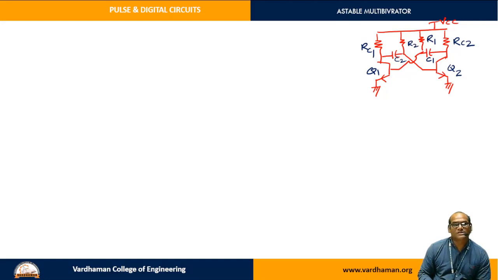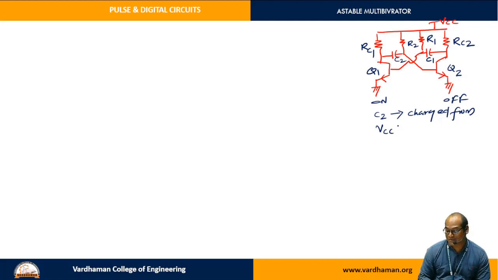So what is the operation? Simply I will revise that here. Assume that the Q2 transistor is in the off condition and the Q1 transistor is in the on condition. So the capacitor just above the on transistor, C2, starts charging.